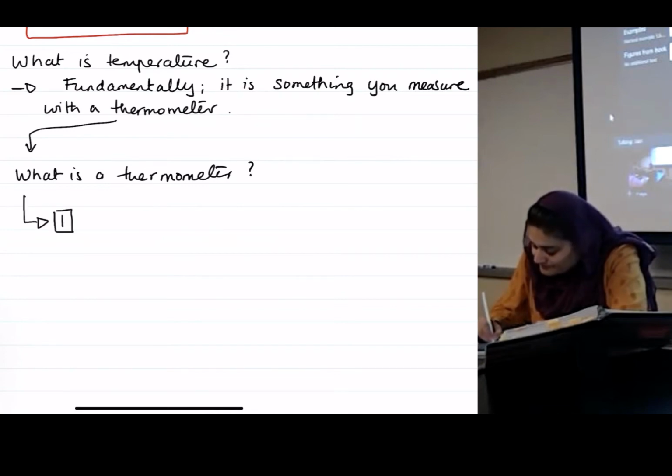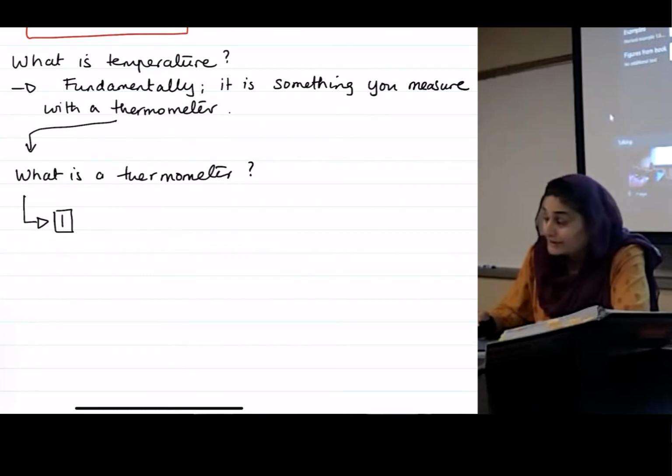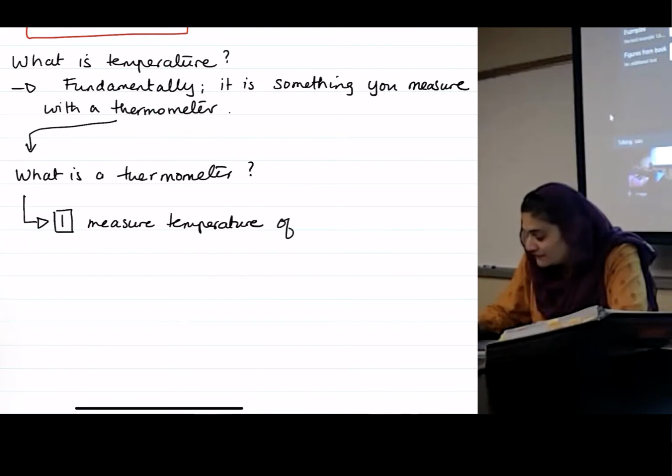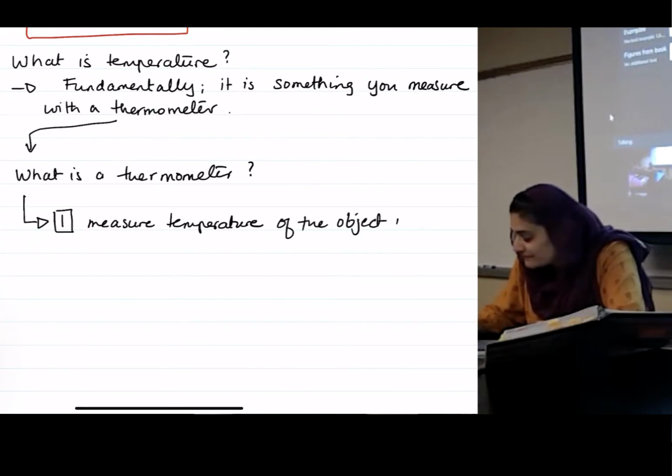Number one, it should measure the temperature of the object it is in contact with.